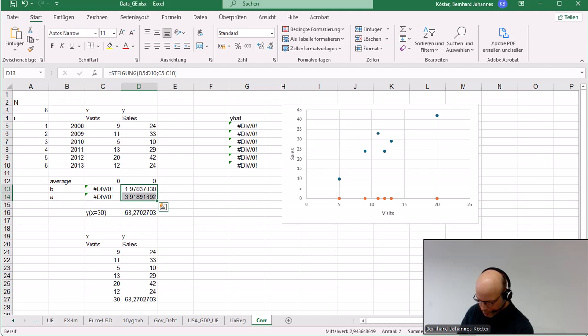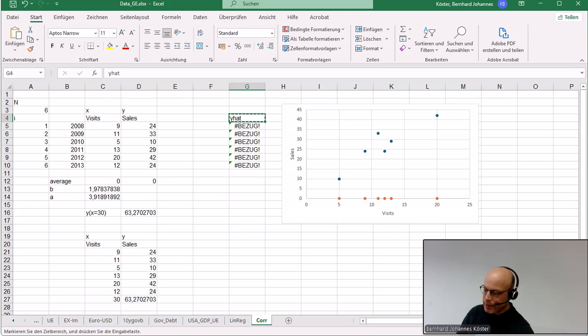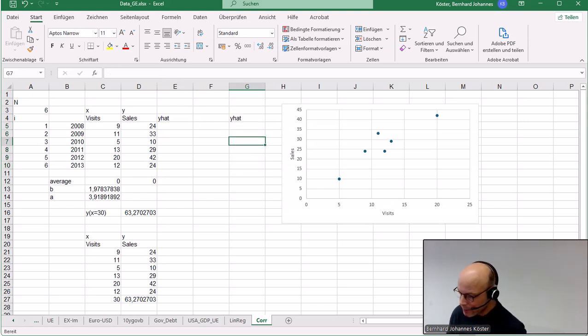These two we still need. And now we need again our theoretical values lying on. This I have to recalculate.